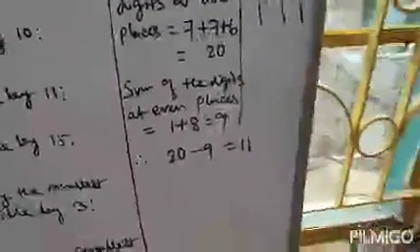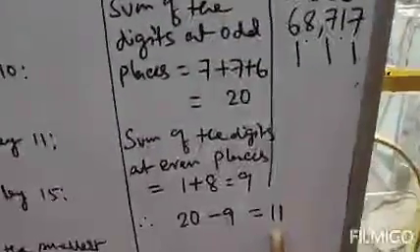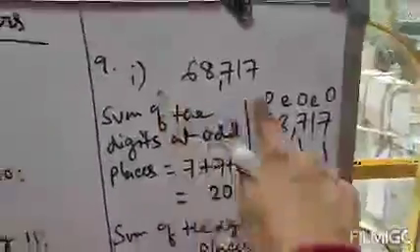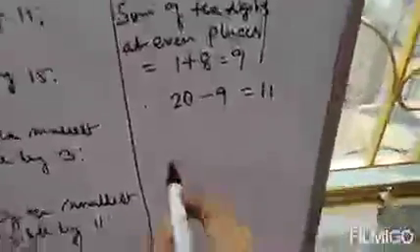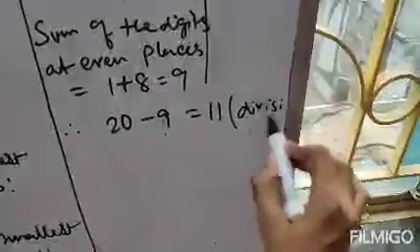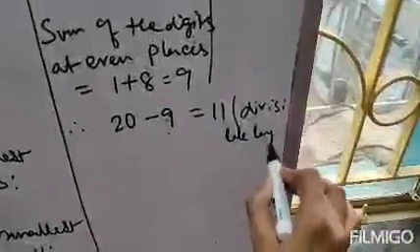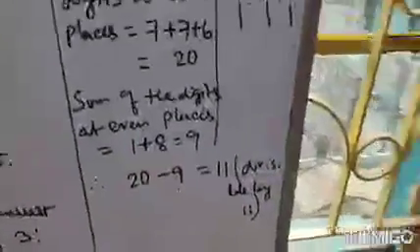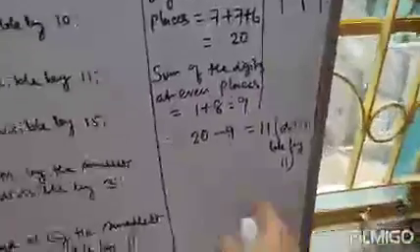And what is the rule? If you subtract the two numbers, you should get 0 or a number which is divisible by 11. We got 11, which is divisible by 11. Clear? Therefore this number is divisible by 11.